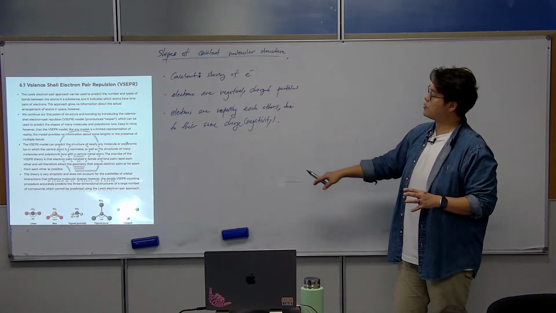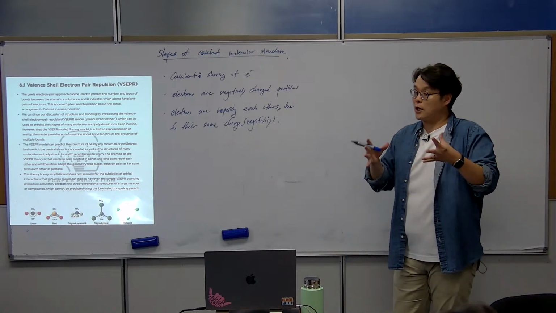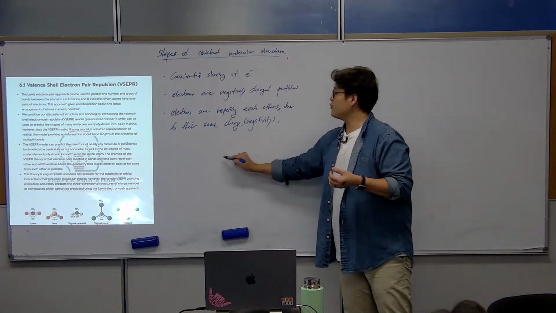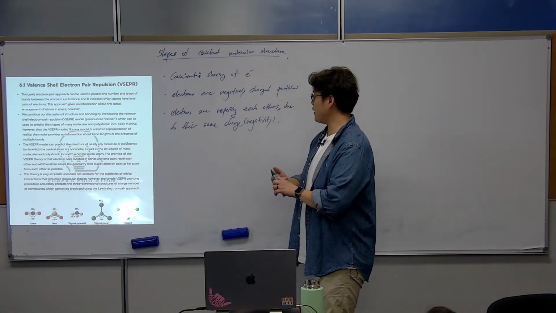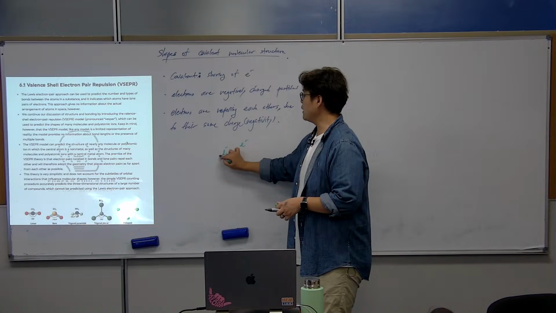This is the prior knowledge you need to understand the shapes. It simply means when two electrons come along together, they love to push each other. They love to push.